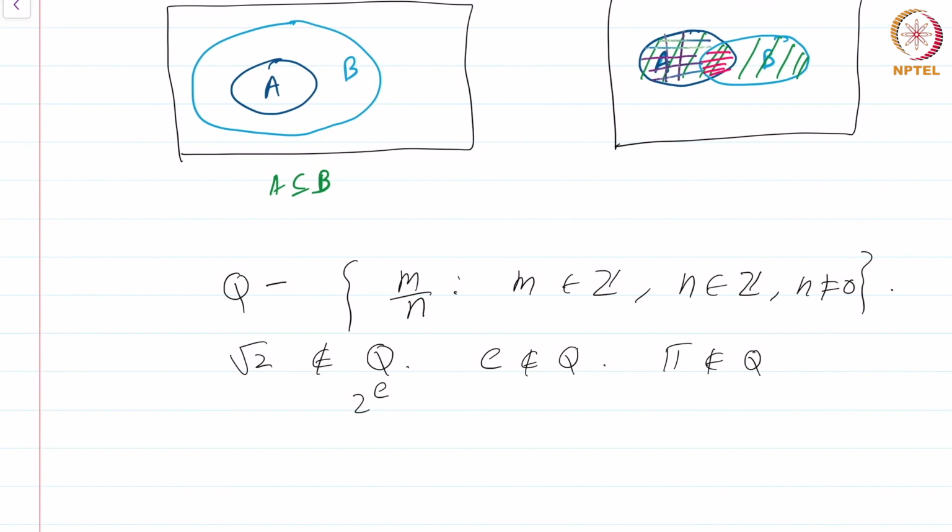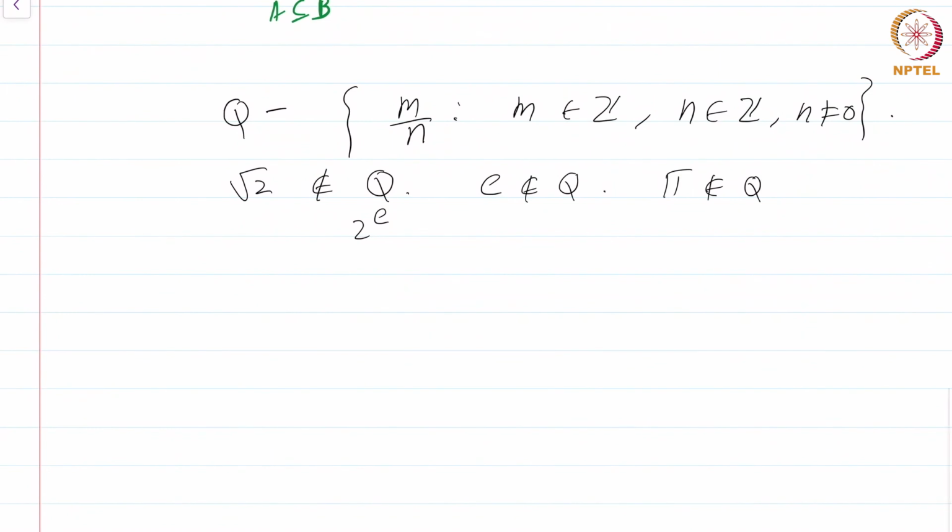Several times we will define sets where it is not even clear whether there are any elements at all. To take care of this possibility, we introduce the empty set, denoted like this. This set has no elements. So if you take any object x, x does not belong to phi, the empty set.